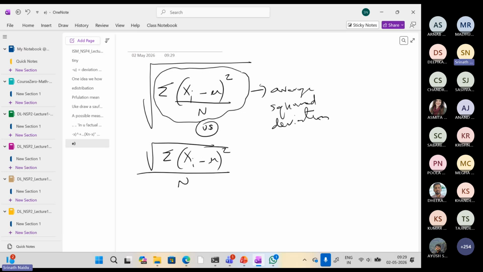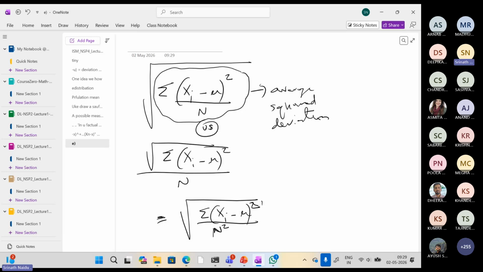And now we're taking the square root of the average square deviation. Whereas this other guy over here is equivalent to the square root of sigma x i minus mu the whole squared divided by n squared.